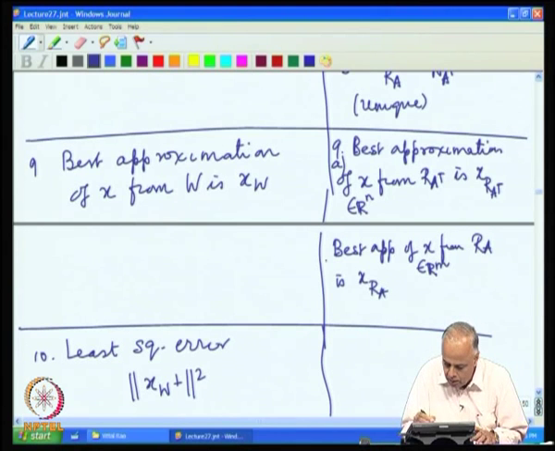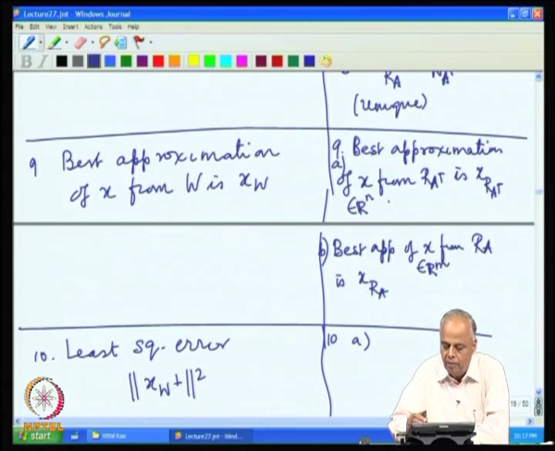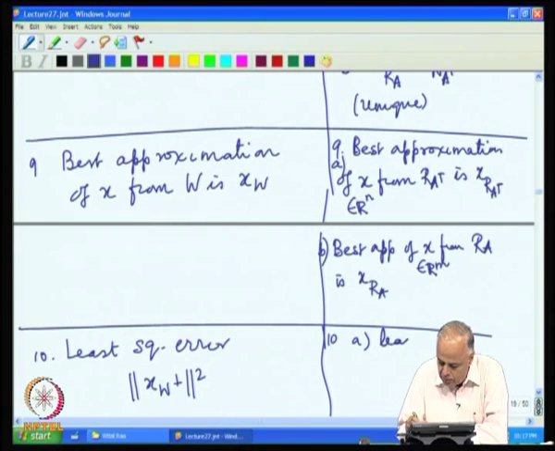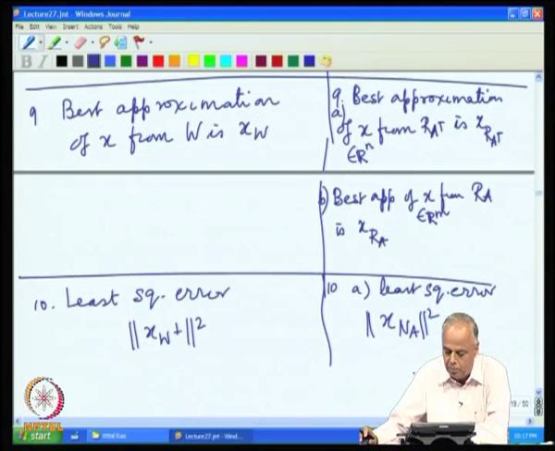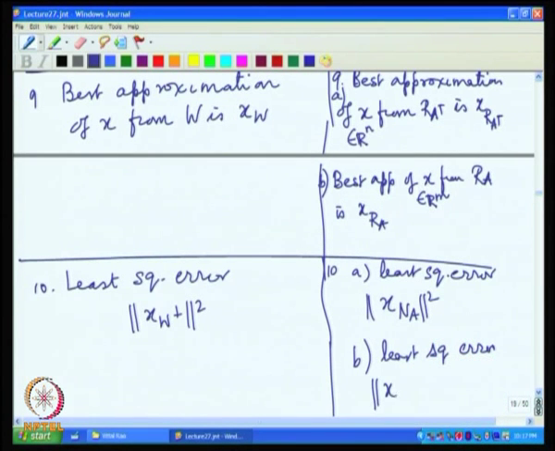So, in the A case, that is when we are approximating vectors in R^n by vectors in R(A transpose), the least square error is the projection of x into N(A) and that squared, because R(A transpose) perp is N(A), and similarly on the R^m side the least square error is norm of x_N(A transpose) squared.